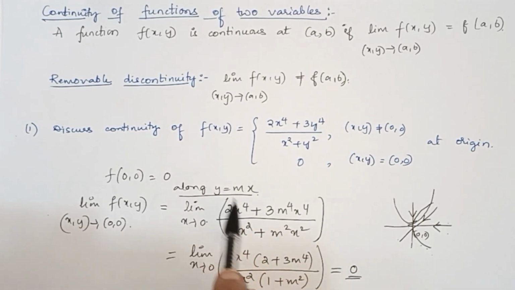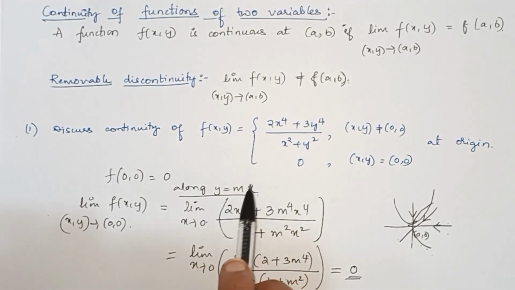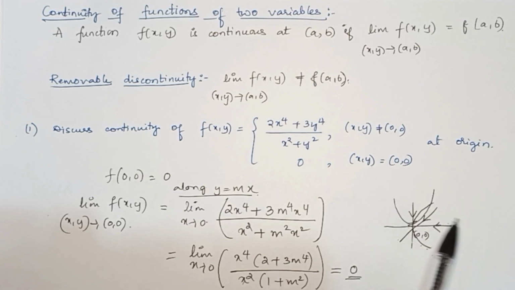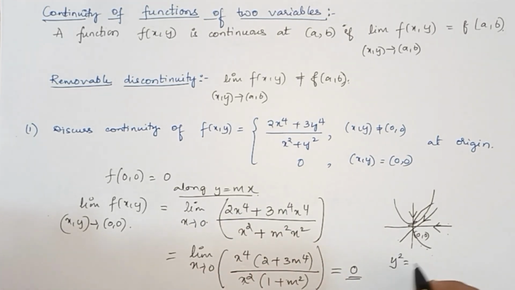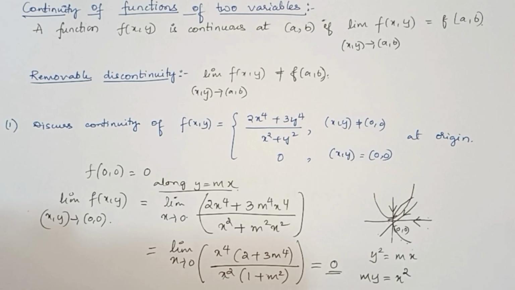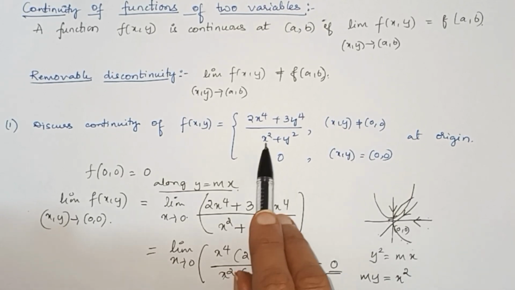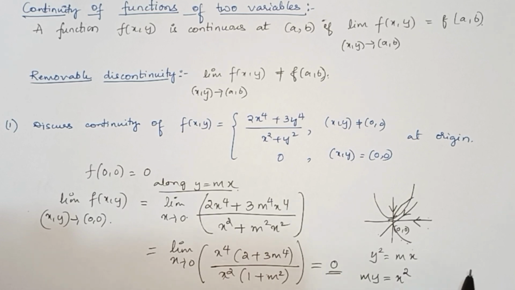Therefore, along the x axis, along the y axis, or along any line passing through the origin, the value of the limit remains the same, that is equal to 0. Now, you can check along a parabola, that is y² = mx or x² = my, along any parabola. You will get the answer 0.